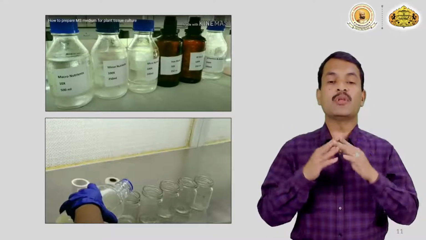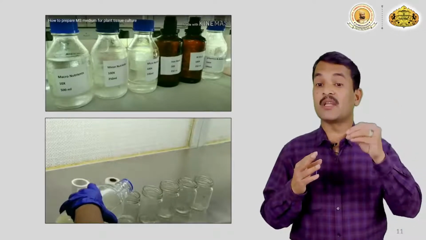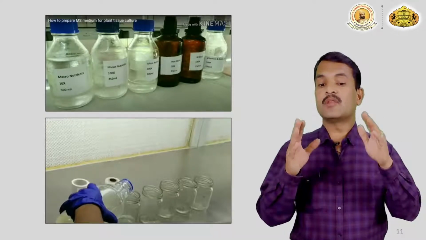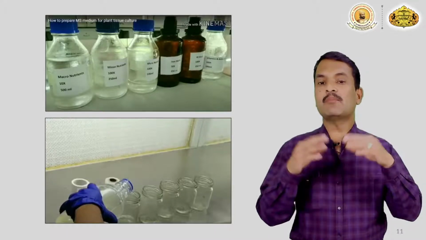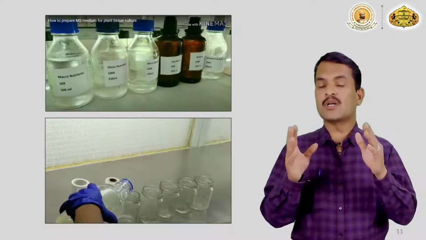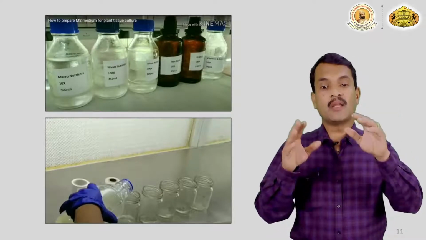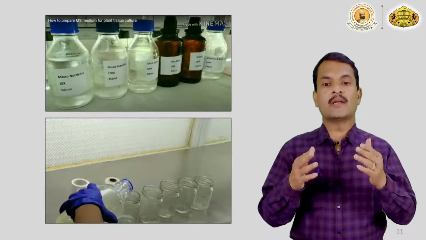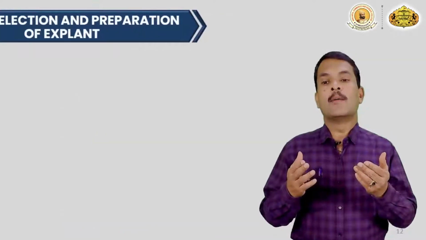In between you need to adjust the pH, add the gelling agent if necessary, and then pour it into the bottle. Unlike microorganism culture, in plant tissue culture you pour the medium first and then sterilize it. So after pouring, you go for sterilization.